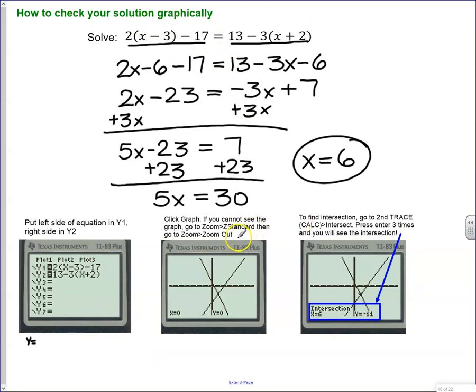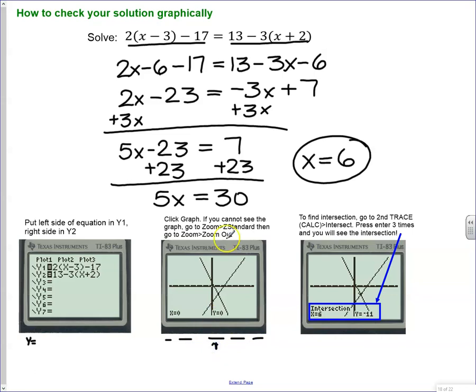And you may have to zoom or change your window. It just depends on what you're graphing. But you can always go to the zoom button, which is also up here. There should be 5 buttons here. Okay, and zoom is the one in the middle. So it says zoom.